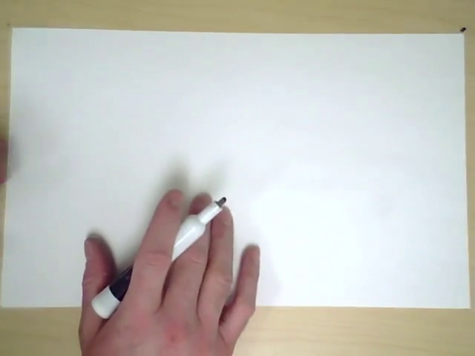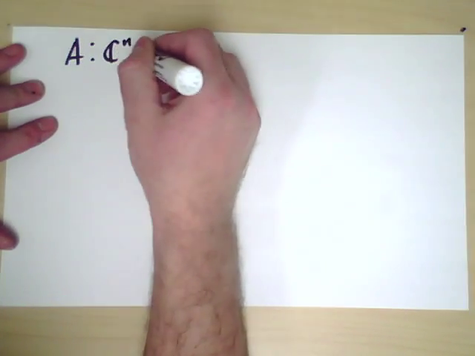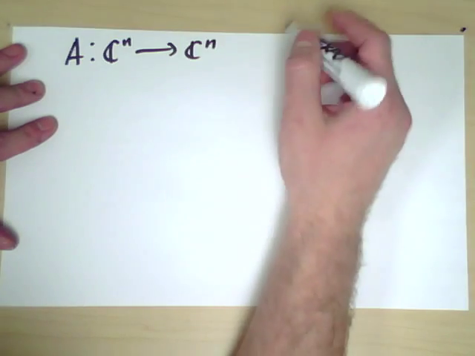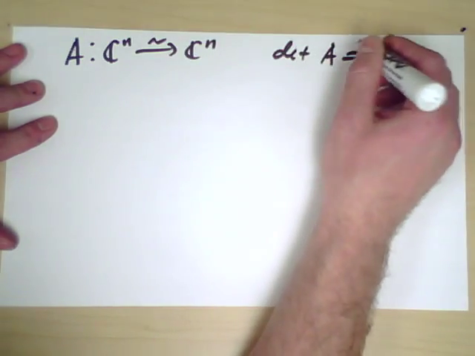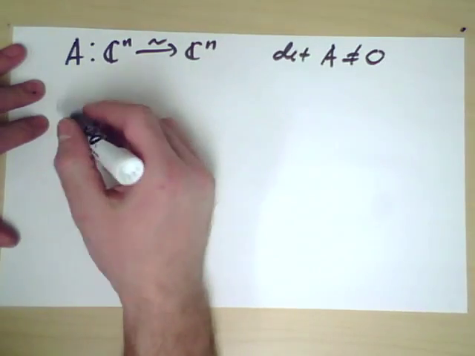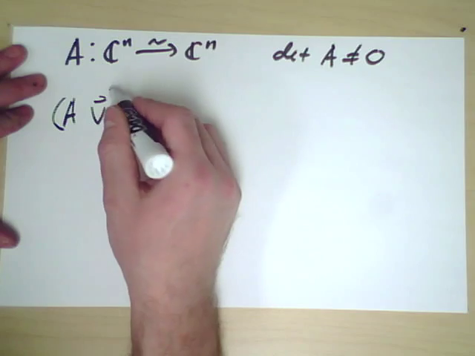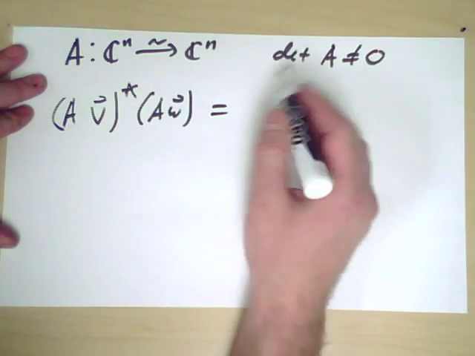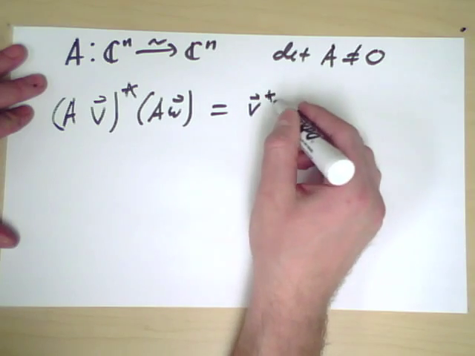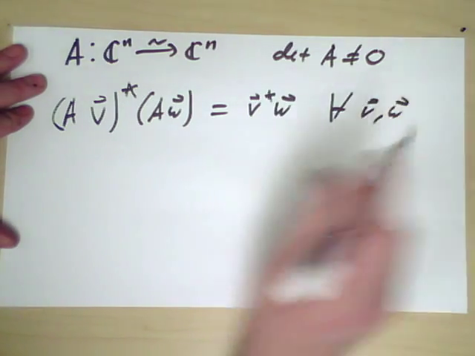So now we have one more step to do. Consider a matrix A from Cn to Cn, which is non-singular. We could ask, what is the condition that AV star AW equals V star W for all V and W in Cn?